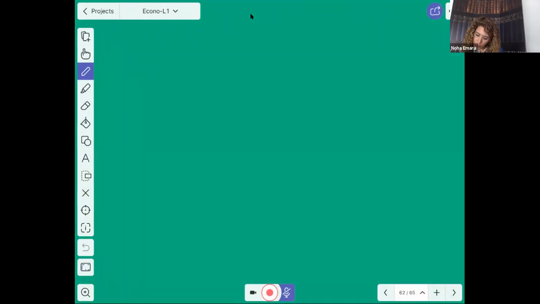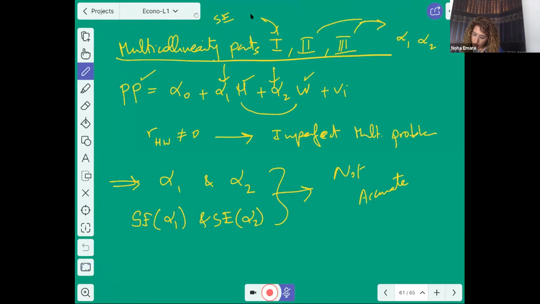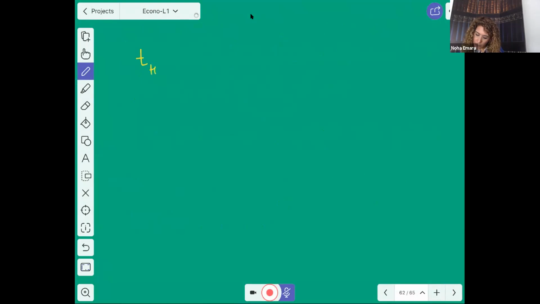So when you think about it, what is the t-statistic of the first variable, which is height? It's going to be equal to alpha hat of the height minus alpha of the height under the null over the standard error of the height.